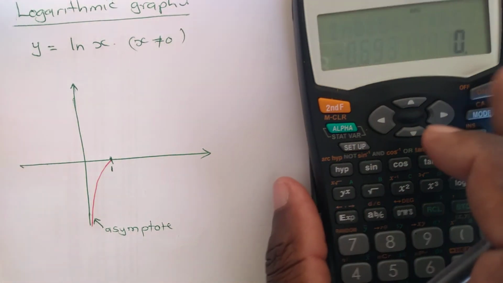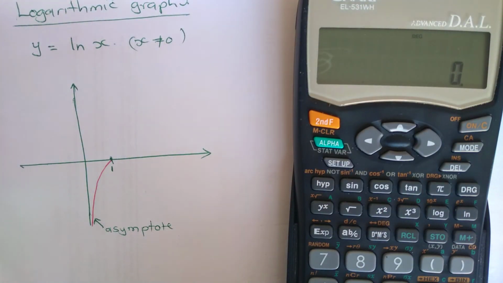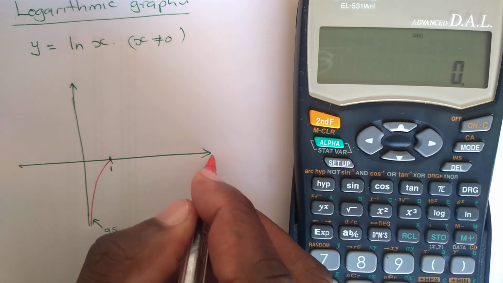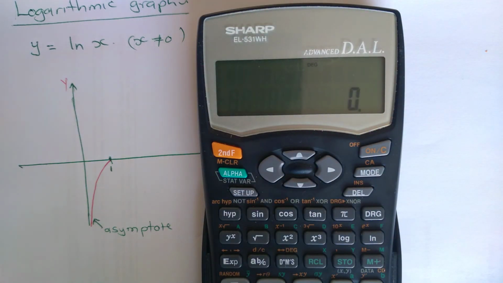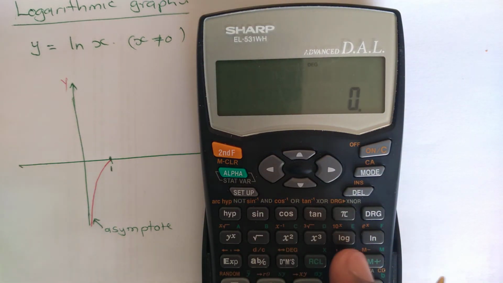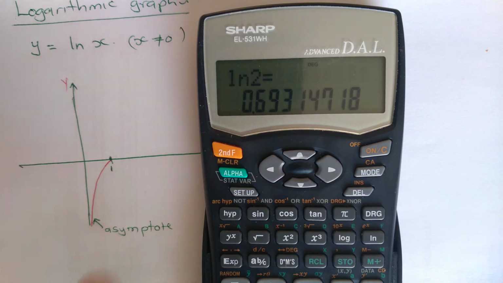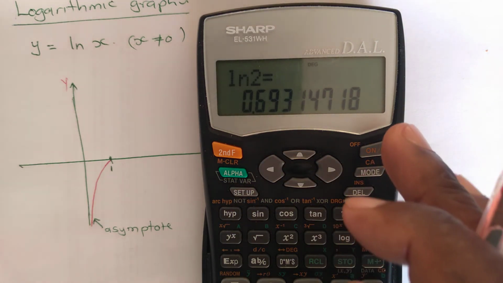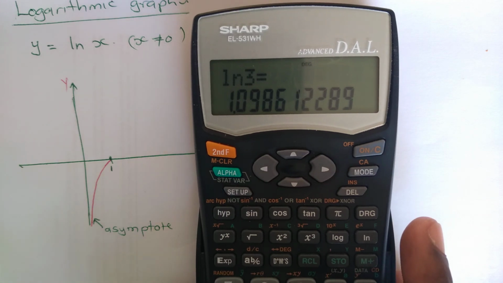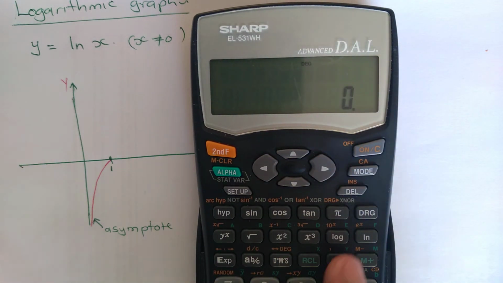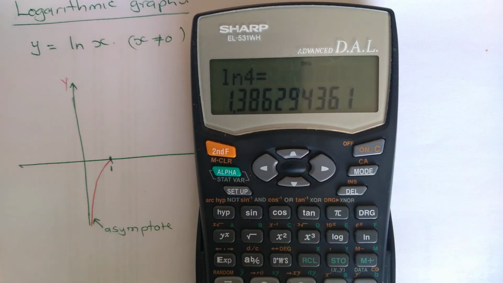Right, above the x-axis, what will happen? Let's see. What about ln 2? 0.69. ln 3? 1.09. ln 4? 1.38.